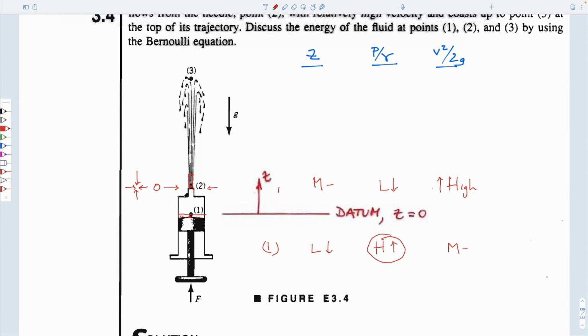And then you can write Bernoulli at each of these points, obviously, because this is all on a single streamline. Single streamline goes up through all of these. And so what happens here? It has the highest potential energy it has. It has 0 velocity because it's got to its apex. It's just about to fall.